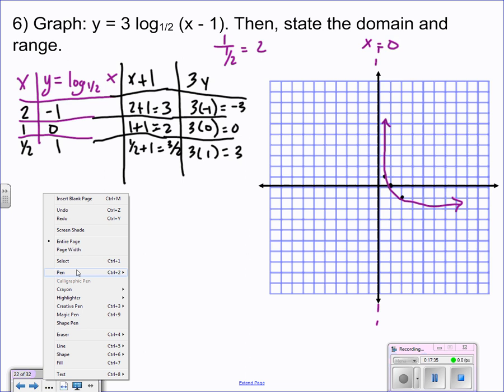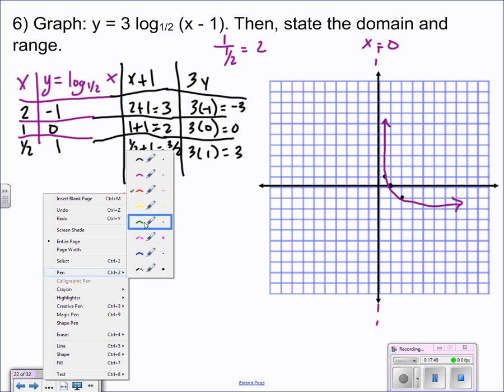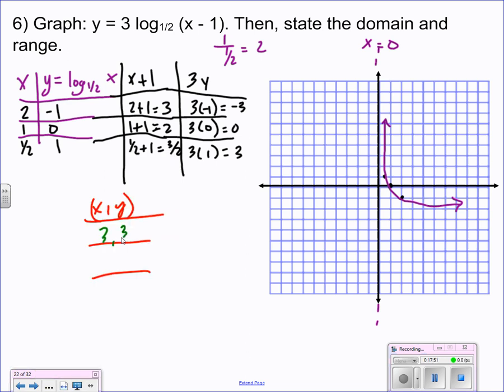So my new points are going to be 3 and negative 3, 2 and 0, 3 halves and 3. So let's graph these. So 3, negative 3, 2, 0, and 1 and a half, comma 3.